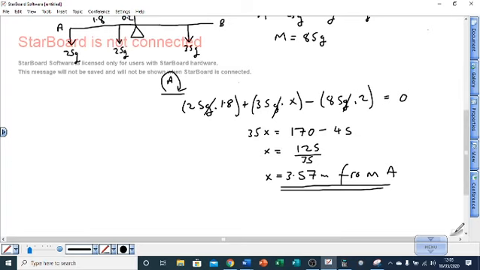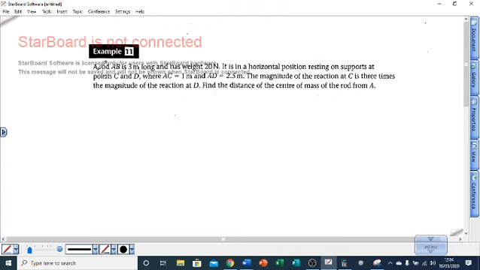Okay, right. Next question. It says a rod AB is 3 meters long. So here we go, 3 meters long, and that is A to B. It says it has a weight of 20 newtons, so there's no need for g. It is in a horizontal position, resting on supports at C and D, where AC is 1 meter.